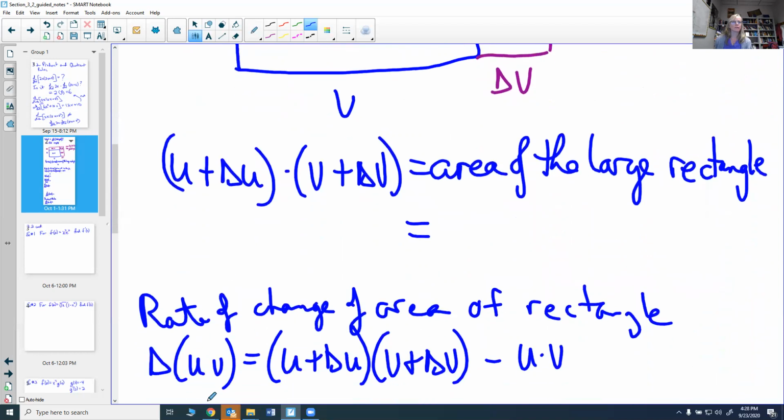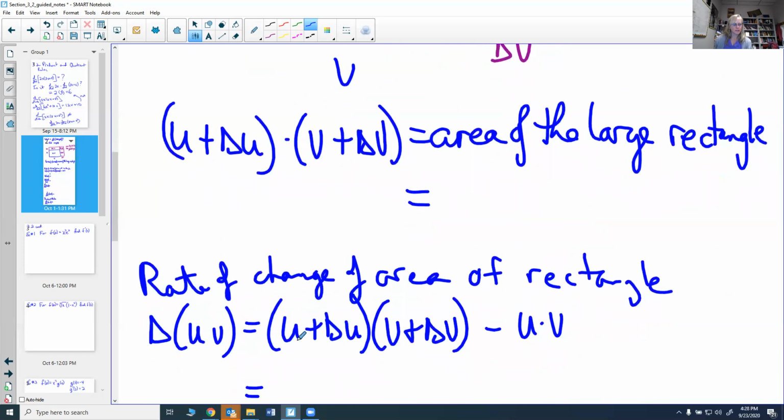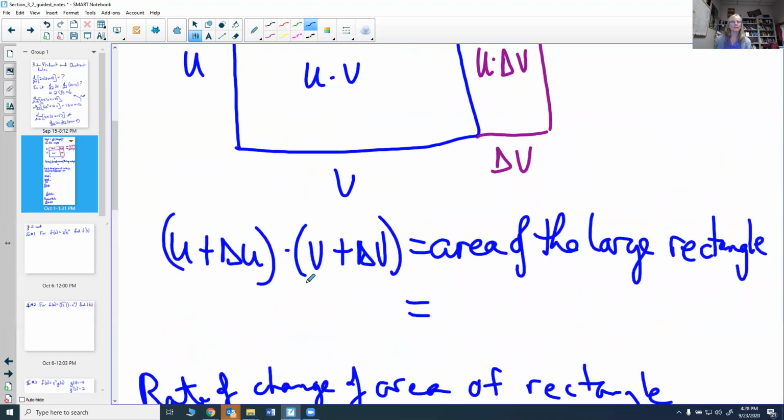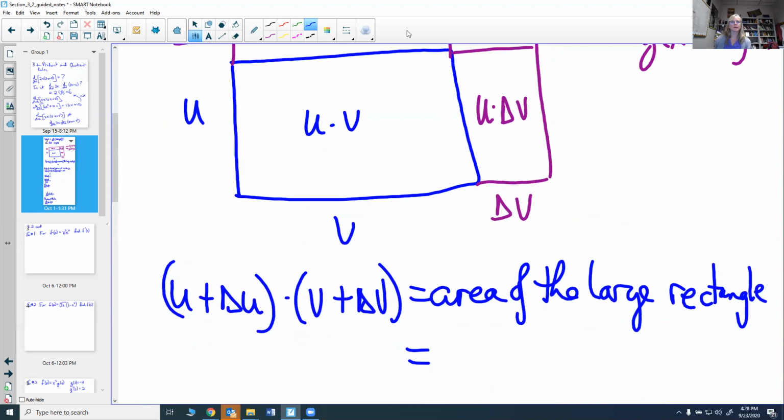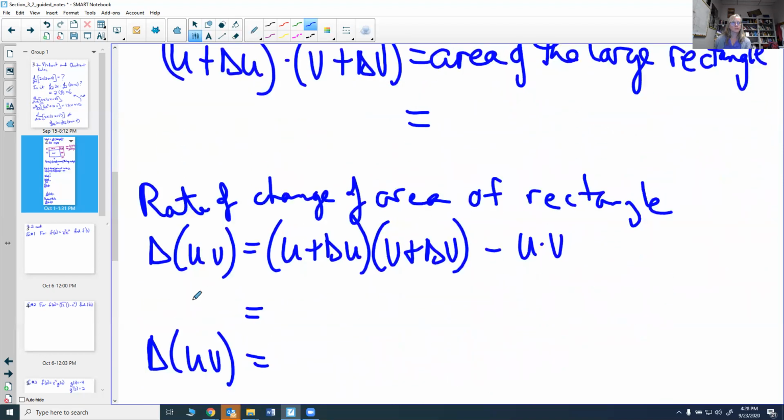So we really want to know the rate of change of UV. So we have to find out what that is, and that's going to be U plus delta U times V plus delta V minus the area of the small rectangle. In other words, it's the area of the big rectangle minus the area of the little rectangle.